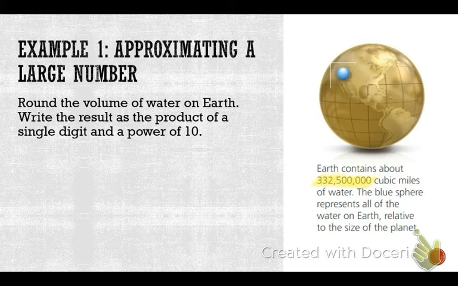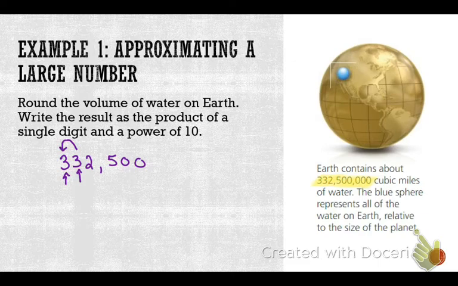We're going to take this number, 332 million 500,000. Write it down. We're going to round it to the leading digit. The first digit we see is 3. The next digit after that is another 3. Here are my rounding rules.